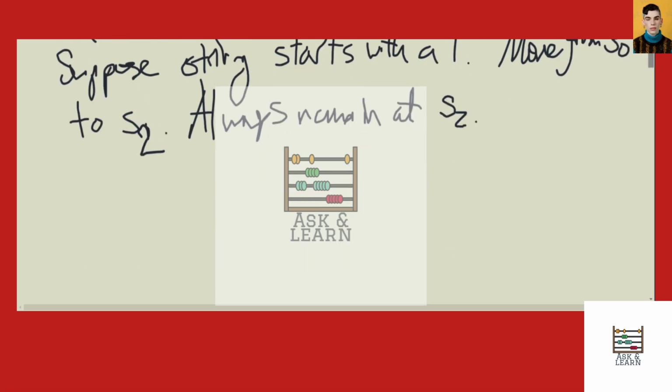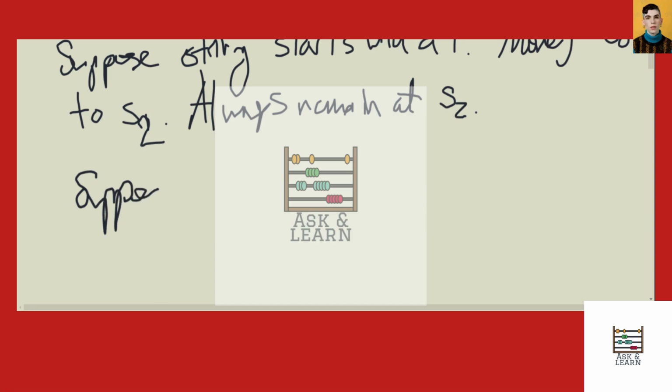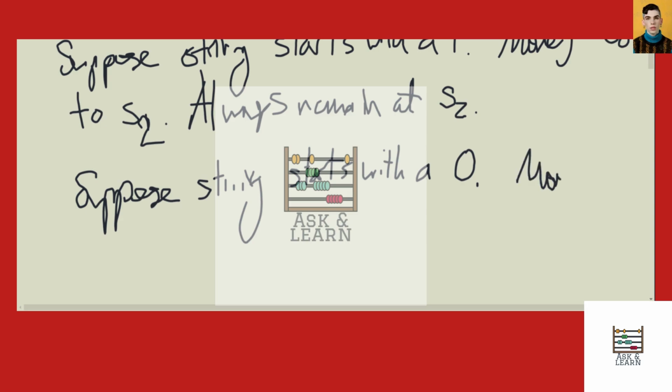Now let's suppose that the string starts with a 0. According to our table, we're going to move from state S0 to S1. We're only going to remain at S1 if the string contains only ones after this 0.